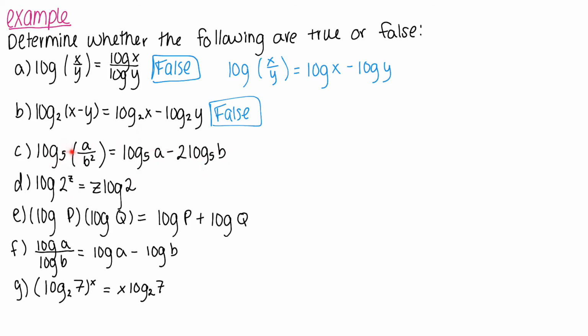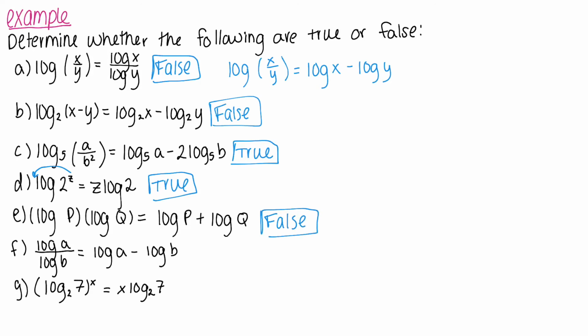For this next one, this one's true. It's just how you would expand the logarithm. Part D, this one is true. It's just one of the rules. You can bring the exponent down in front. E is false.